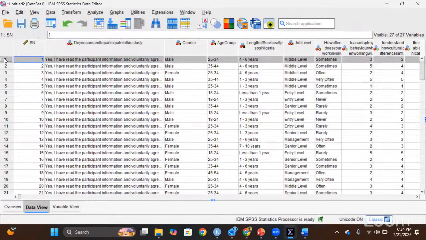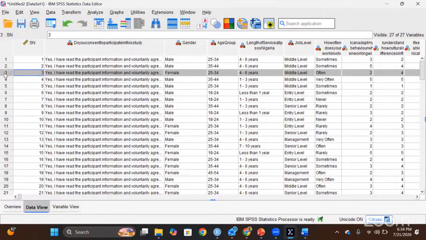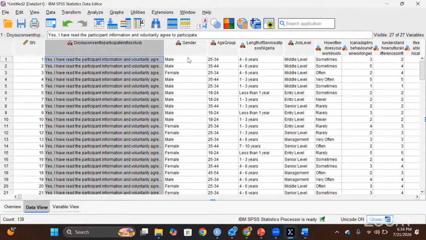So what does each row mean? Your data point. So that's your data. So row can never mean your data again.